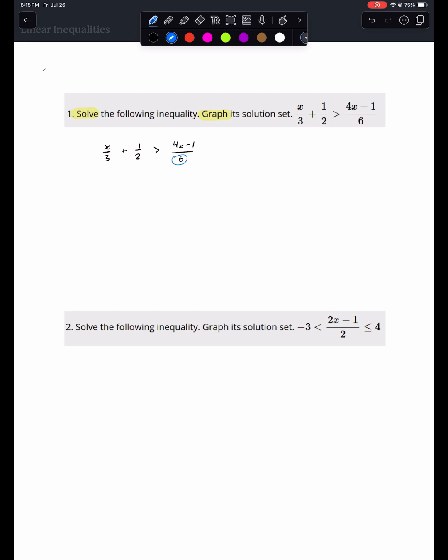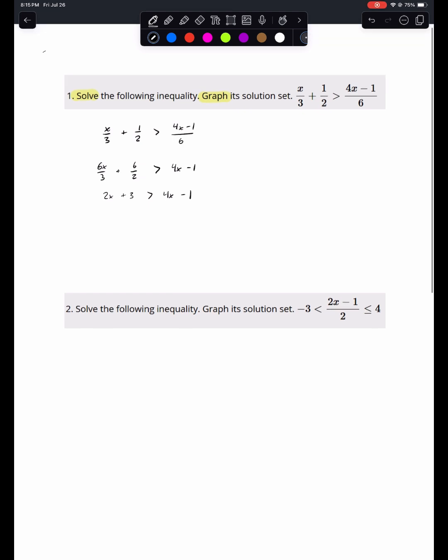If you look closely, the denominators are all factors of 6, right? 3 is a factor of 6, 2 is a factor of 6, 6 is, of course, a factor of itself. So if I multiply both sides by 6, we get 6x over 3 plus 6 over 2 greater than 4x minus 1. This is simply 2x plus 3 greater than 4x minus 1.